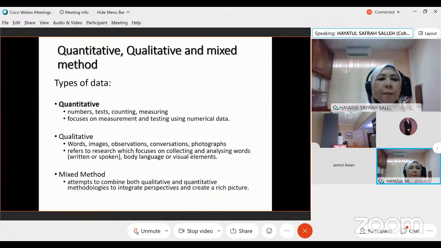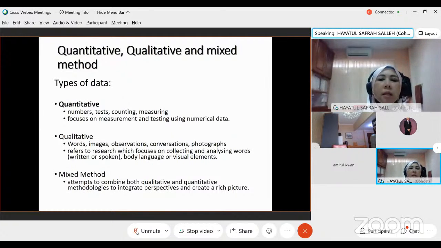The last type of data is mixed method, meaning a combination of both quantitative and qualitative methods. Sometimes researchers love to use this to integrate the perspectives and to create a rich picture, or rich findings, about their studies.